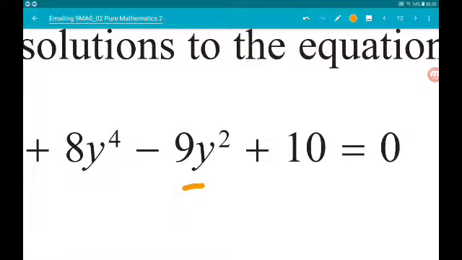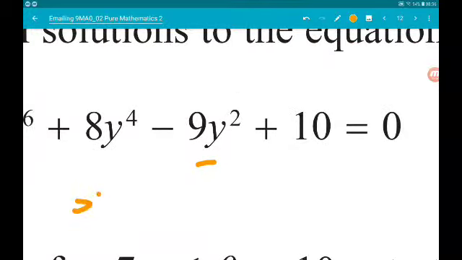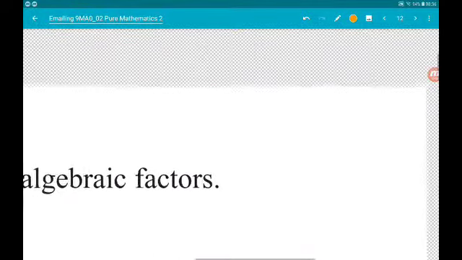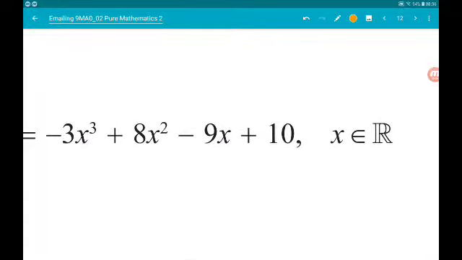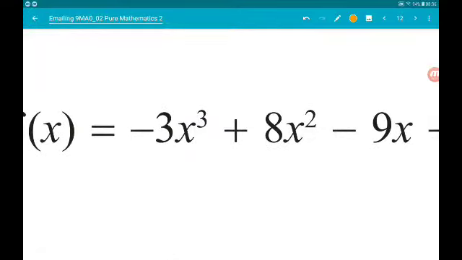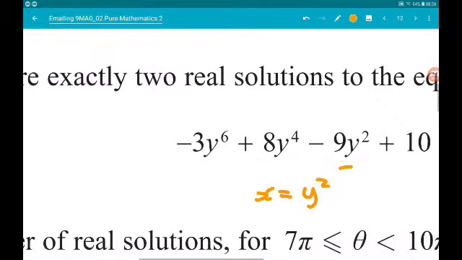So we're going to make the substitution x is equal to y squared. So let's just check that that works. So we got 8y to the power of 4. We did have 8x squared. If x is y squared, x squared is y squared squared, which is y to the power of 4. And if x is y squared, x cubed is indeed y to the power of 6. So it works.